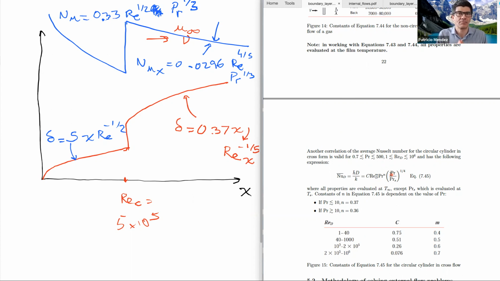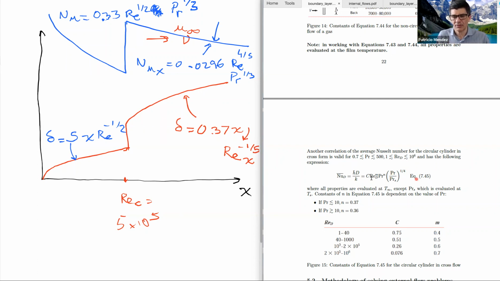I change temperature a little bit and viscosity changes a lot. And the Prandtl number, which is the kinematic viscosity divided by thermal diffusivity, is going to change a lot. Similarly, the Reynolds number that depends on the kinematic viscosity is going to change a lot.